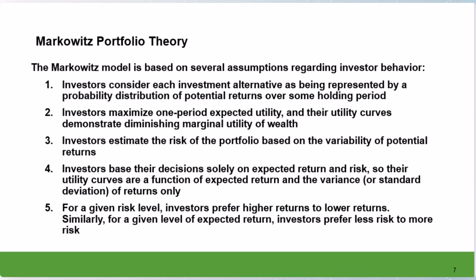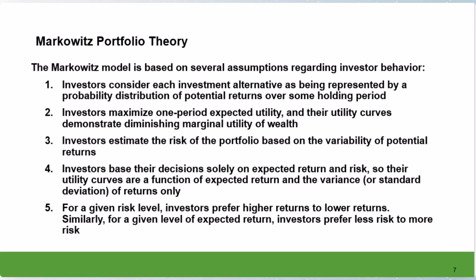Harry Markowitz fundamentally changed finance by making one simple and powerful claim. Risk must be evaluated at the portfolio level, not the individual security level. His model assumes each investment has some predicted potential.